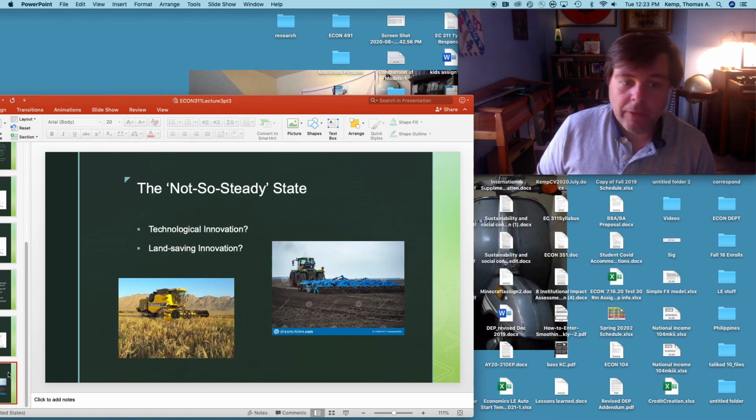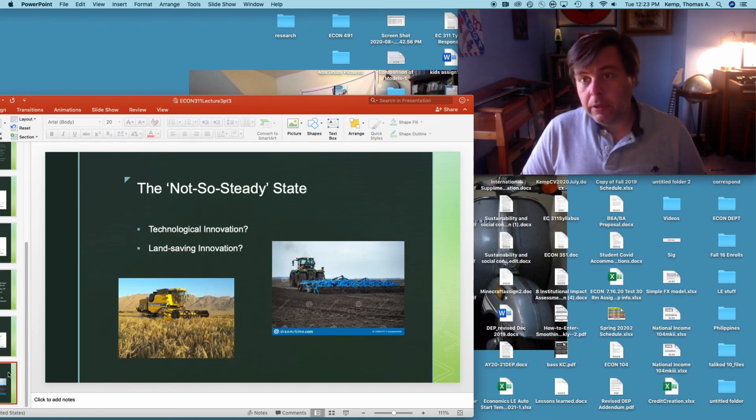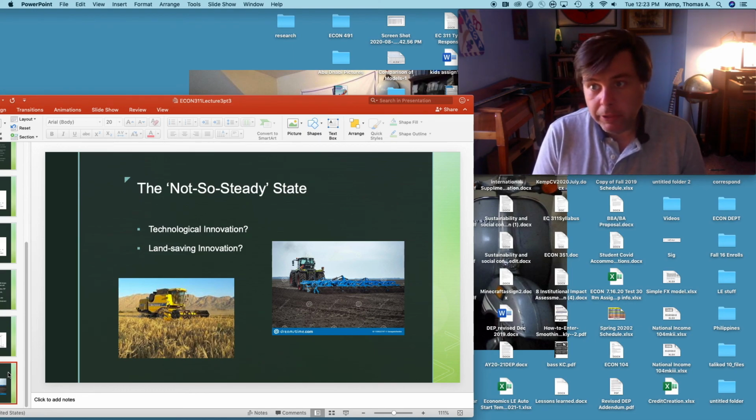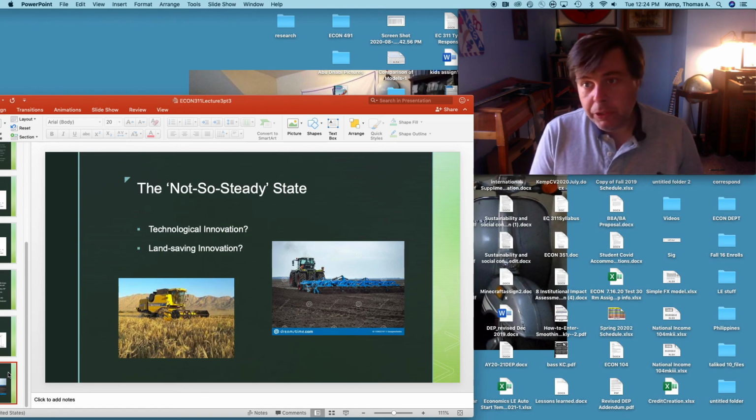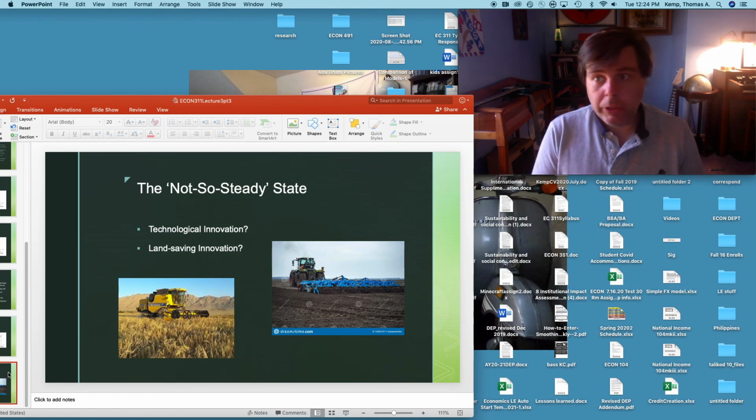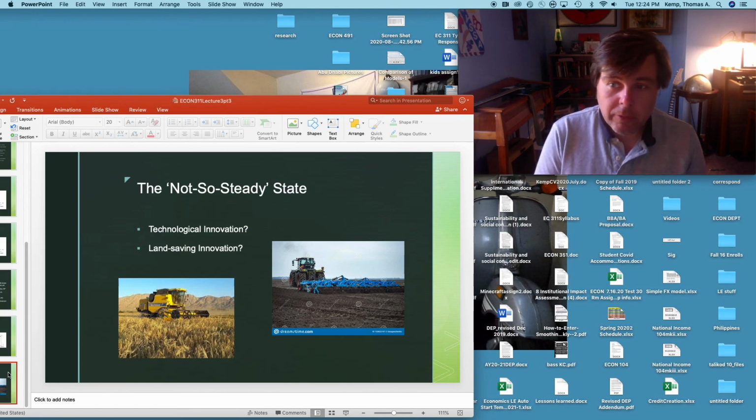It could be that you have other sort of, well, let me get to the second one here. Land saving innovation. Can I maybe utilize land to increase yields across the board, right? In which case, those two functions that I just pointed to a moment ago shift up. That's certainly not inconceivable.